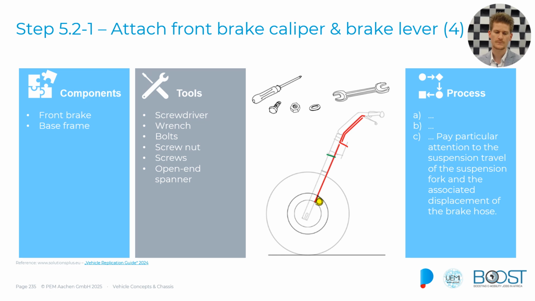And there it could be that there is a displacement of the brake lines. Also make sure to bleed the front brake system at this point, so there are no air bubbles in there and that the system is fully bled, and therefore brake force can be applied. And check in a quality gate again to see if the front brake is working properly.